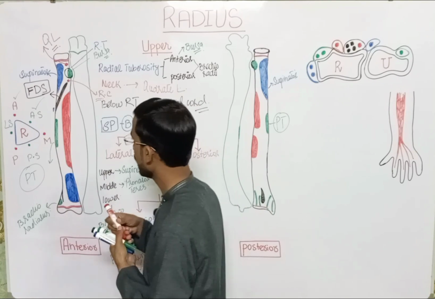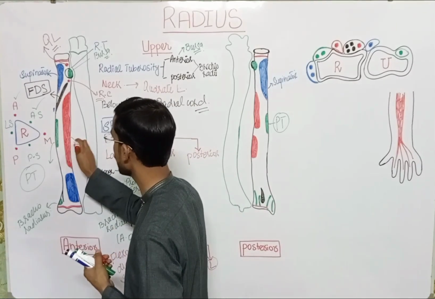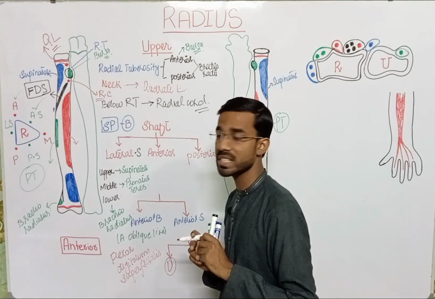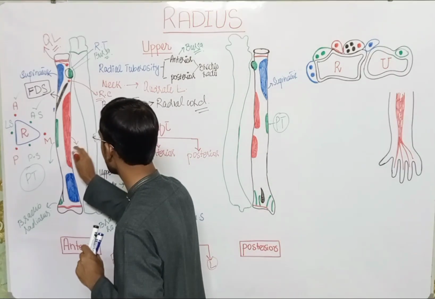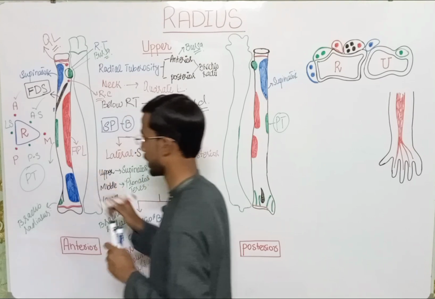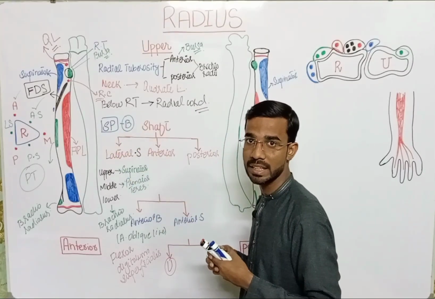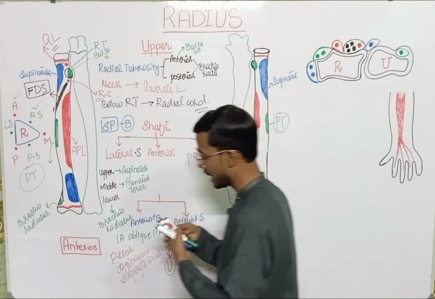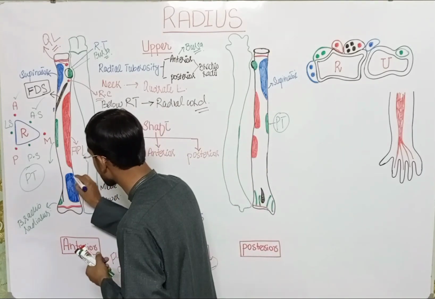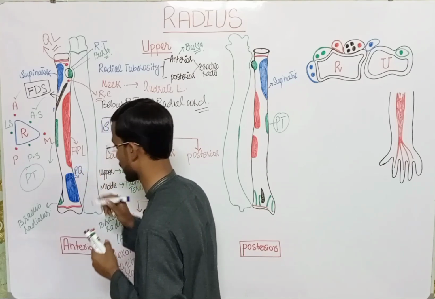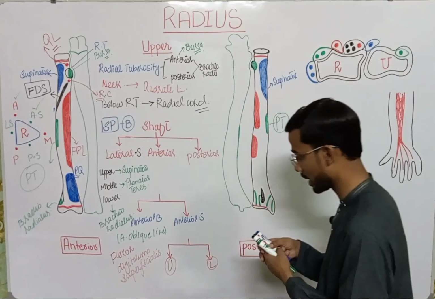At the upper side you will see the attachment of the muscle which is called the Flexor Pollicis longus muscle. This is the upper aspect of the anterior surface. And next, at the lower aspect you will see the Pronator Quadratus. So here are basically the two muscles.